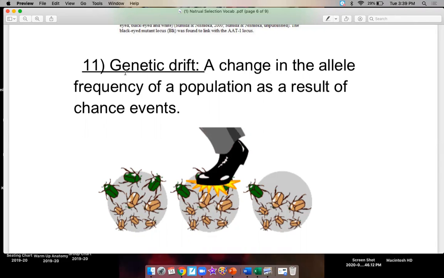If a lion escapes the zoo and kills you, that had nothing to do with your traits in your environment. All right? That's what we call genetic drift. This lion just escaped. This was a one-time event, had nothing to do with your normal environment, and killed a whole bunch of people. Now the gene pool is different because those people cannot reproduce. Nothing to do with being fit or not, just wrong place, wrong time.